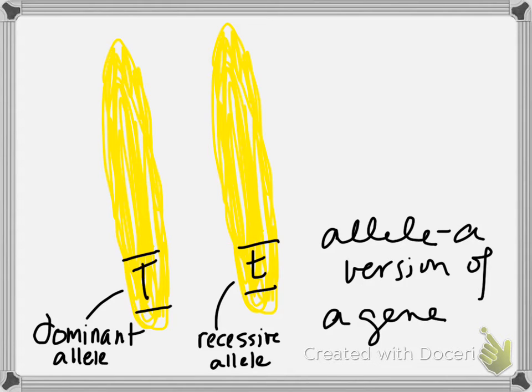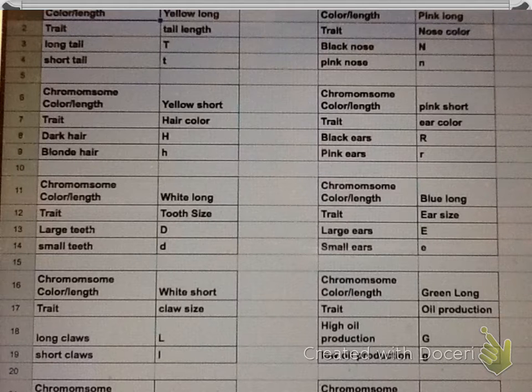We're going to make babies. Okay, so I would like you to lay out your chromosomes. Start with that yellow long. Looking at the chart that you've got, you've hopefully circled which gamete you had. You're going to write in the first column yellow long, because this is the first chromosome we're dealing with.